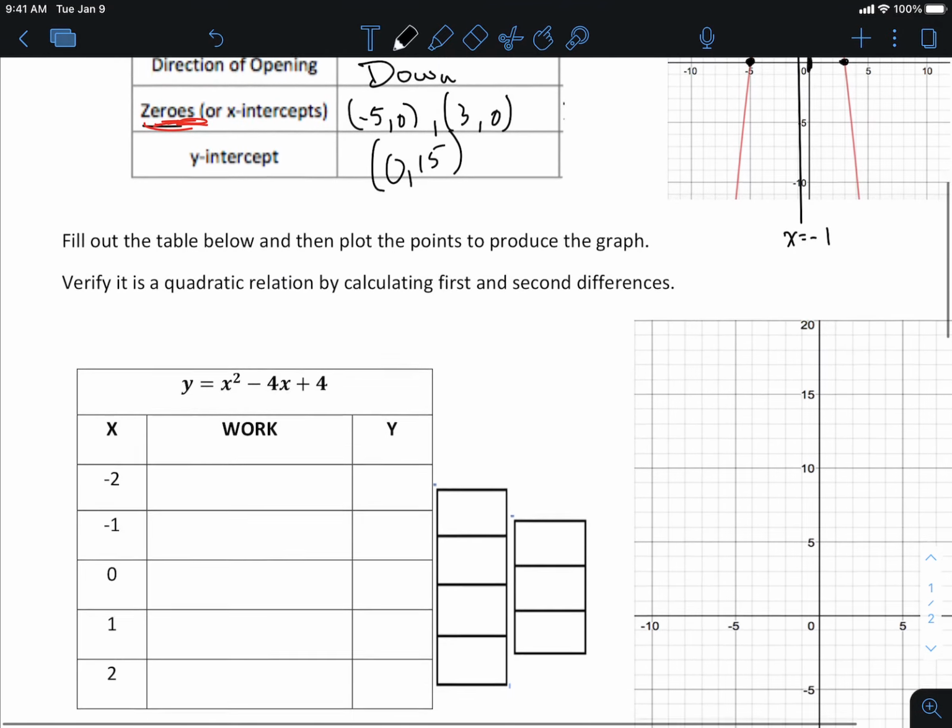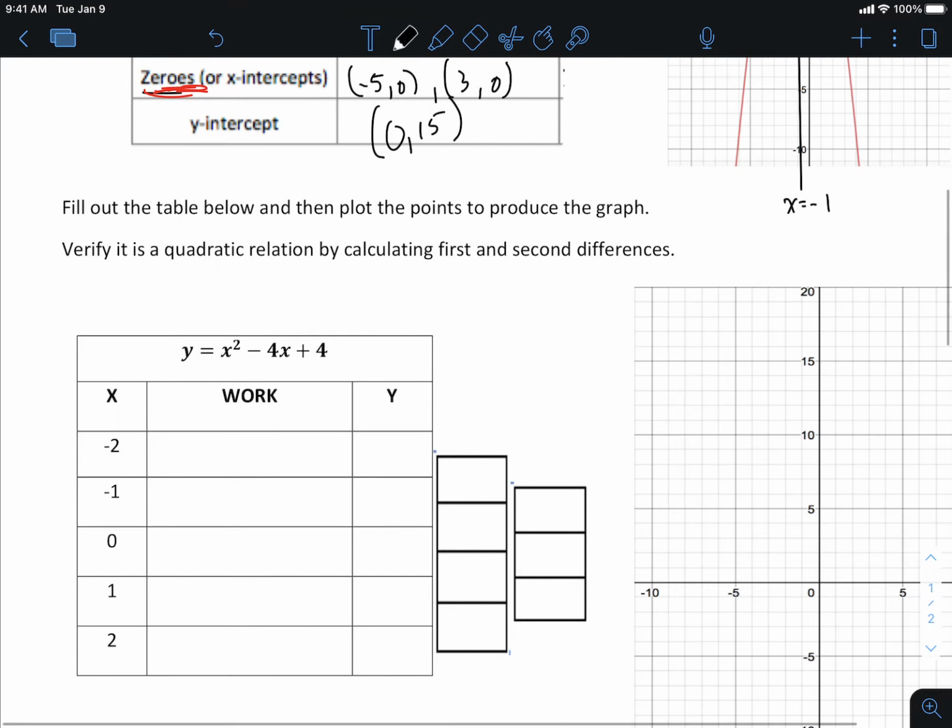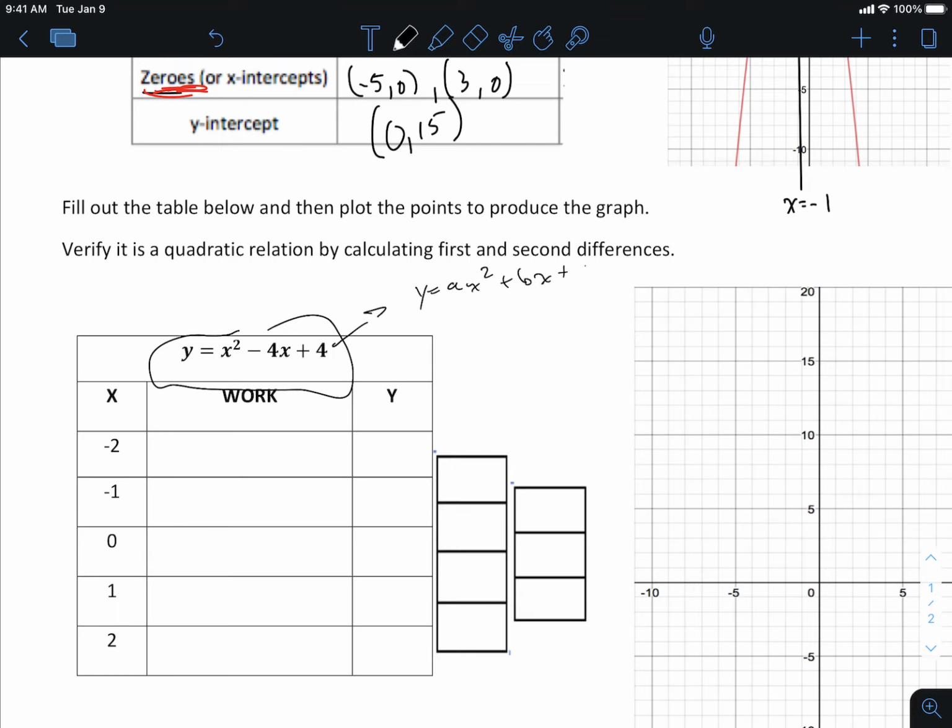This is not, you saw how easy it was to make an error. And this is exactly why we don't like to produce graphs this way. This is why we don't necessarily like y equals ax squared plus bx plus c. We want it in y equals a times (x minus a number) times (x minus a number).